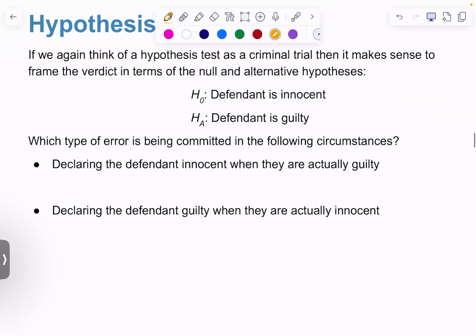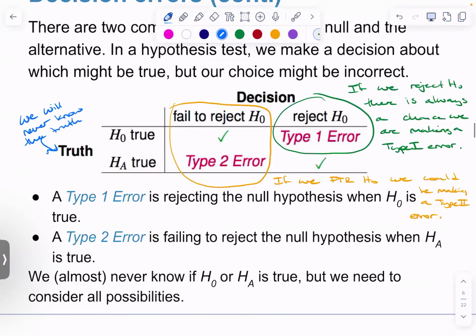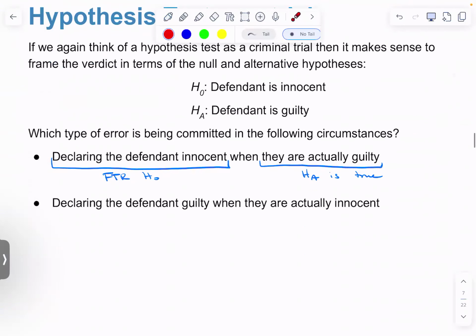And so here, this is fail to reject H naught when they're actually guilty, when HA is true. That's a type 2 error. If I fail to reject H naught when HA is true, that's a type 2 error.